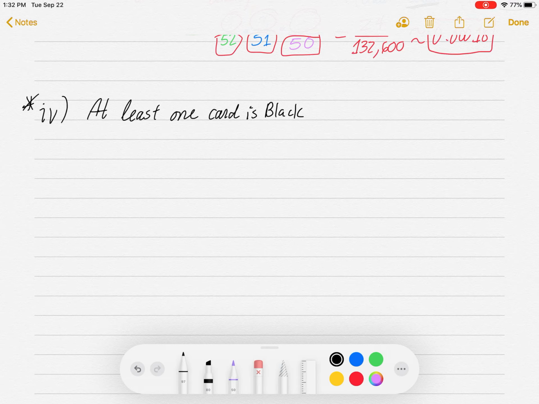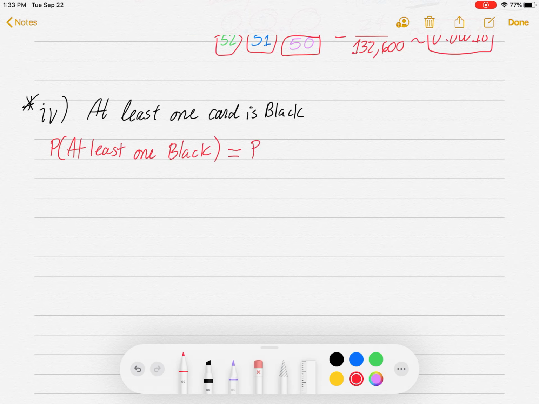So what's the probability of getting at least 1 black card? Probability of at least 1 black. Just think about that. If you're getting at least 1 black, at least one of your cards is black. That means they're not all red, right?